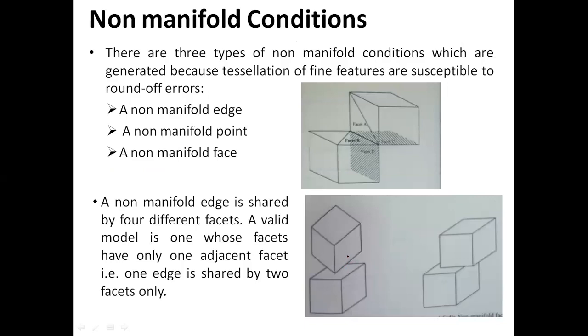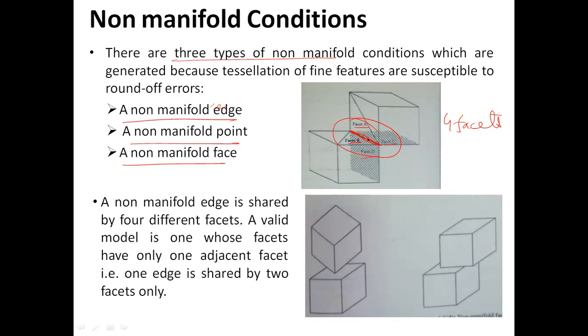Now let us talk about non-manifold. You know that there are three non-manifold conditions that you have looked at in solid modeling also. What are the three? A non-manifold edge, a non-manifold point, and a non-manifold face. Generally what we observe is the non-manifold edge condition, where a single edge is being shared by four facets: A, B, C, and D. That is a non-manifold condition.